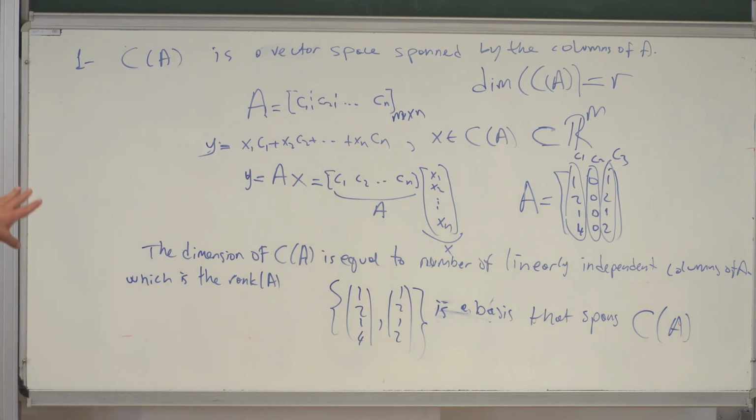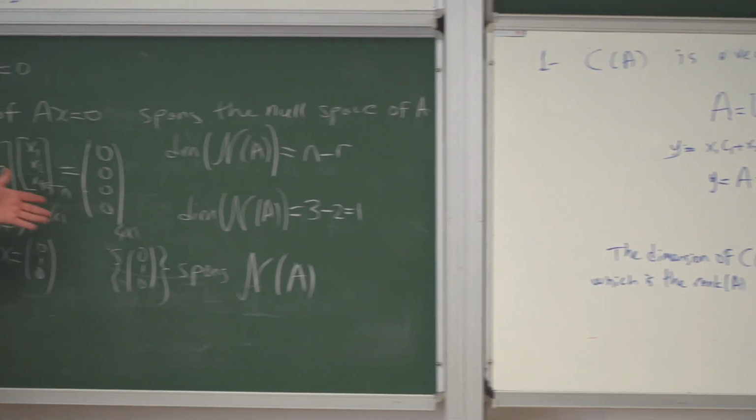When we talk about column space, the basis is the columns of A. When you talk about null space, it's not explicitly anywhere. You have to solve it, right? You have to get it.